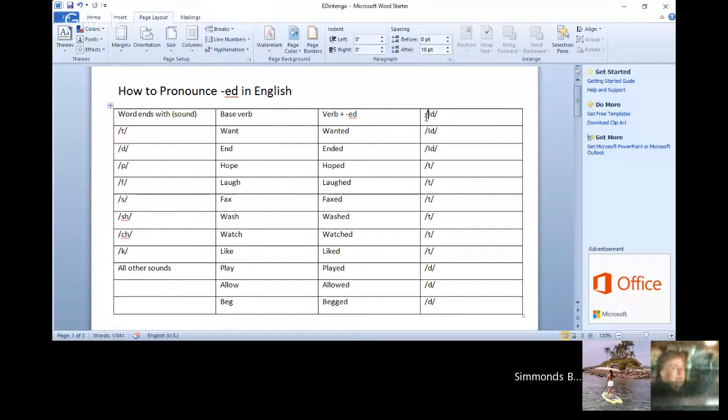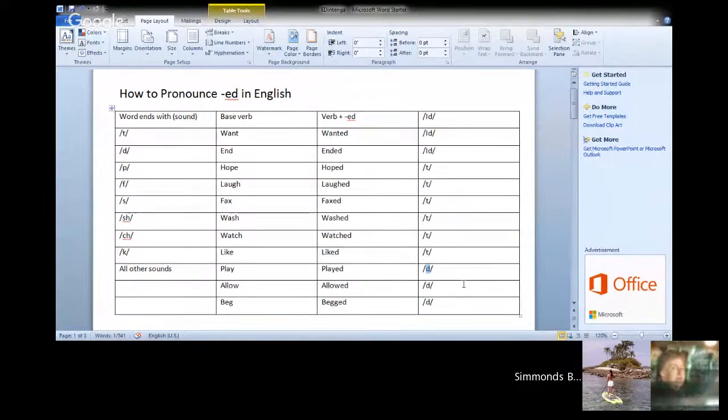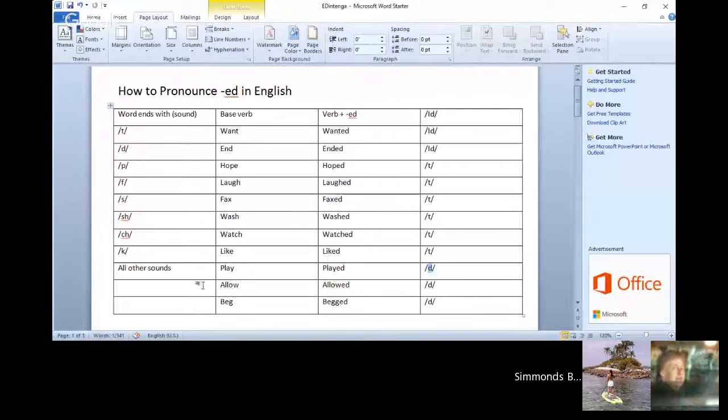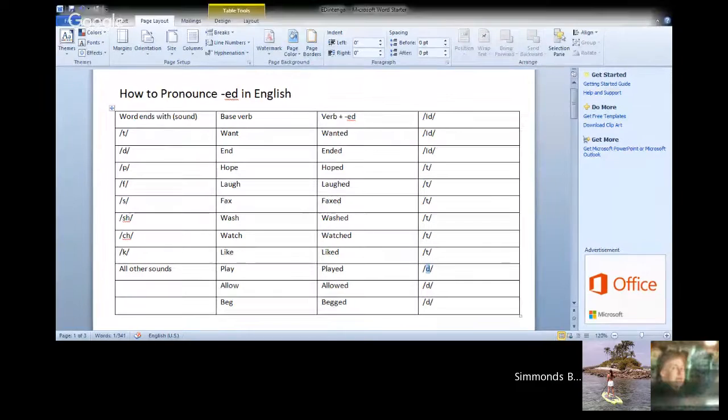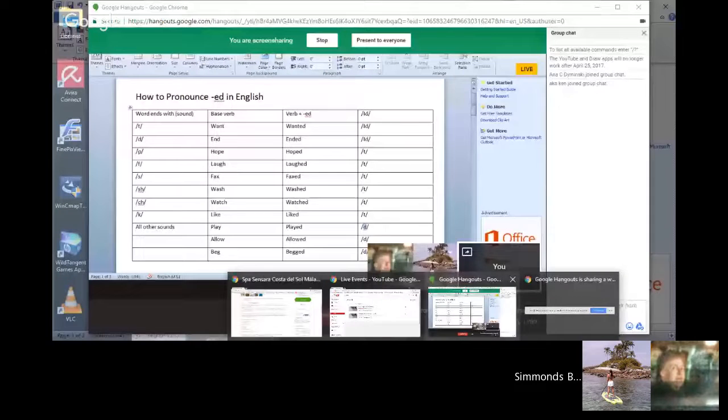Because we have three different types. We have the id, we have the t sound, and then we have just the regular d sound, okay? And so what we're going to do is just take a look at some of the common words here, okay, with the endings, all right? So actually what I might do is I'll read these first, and then I'll have both of you read the words as well, okay?